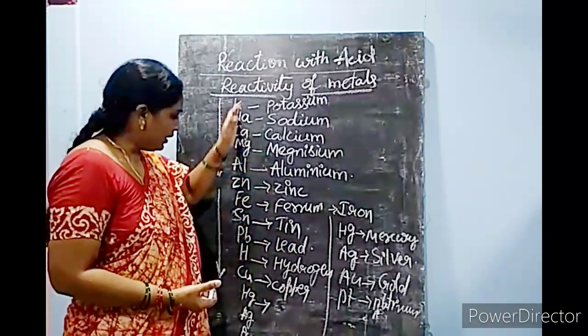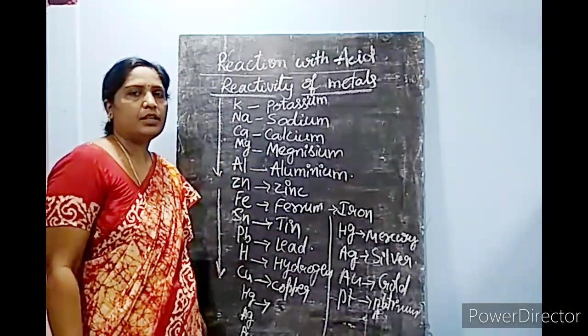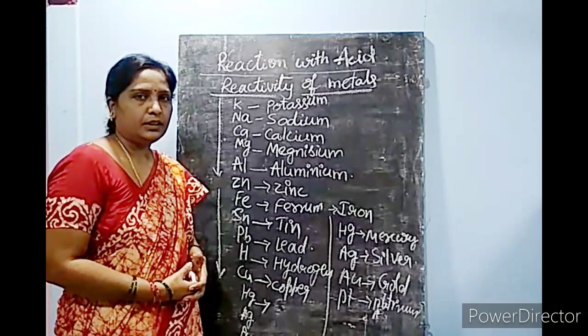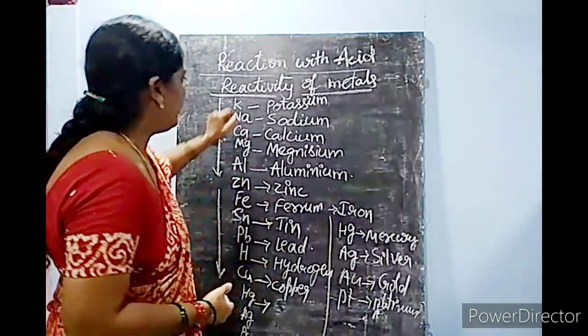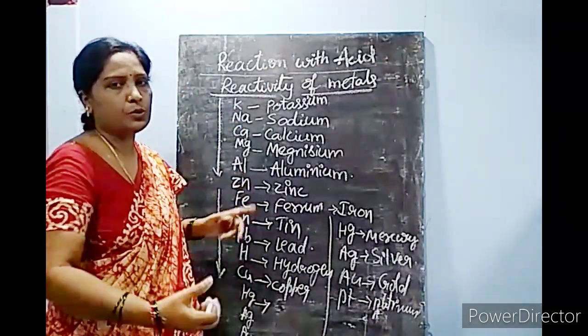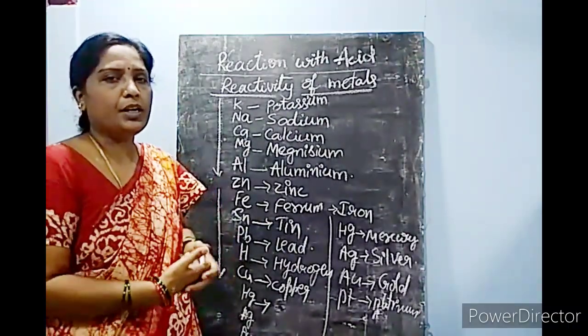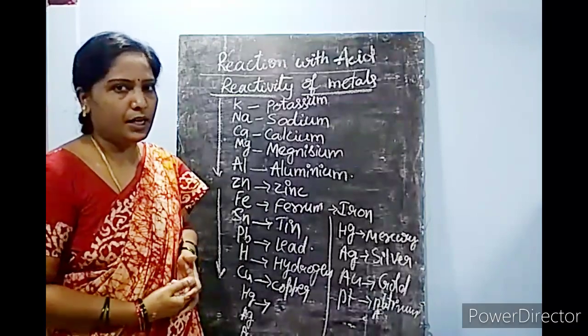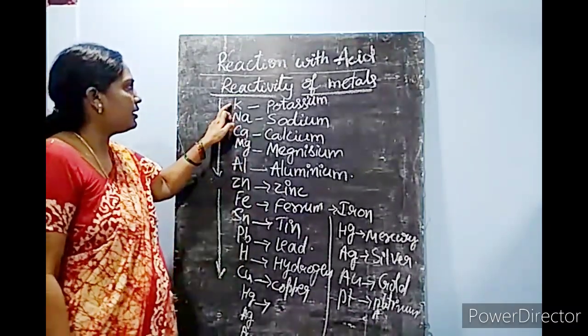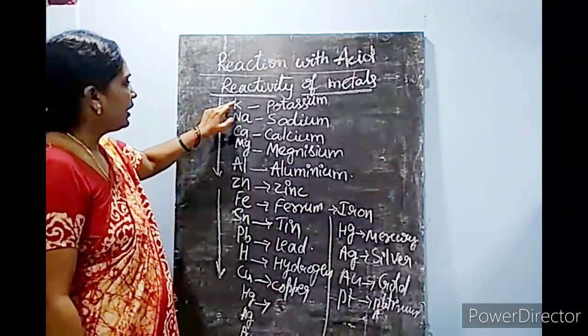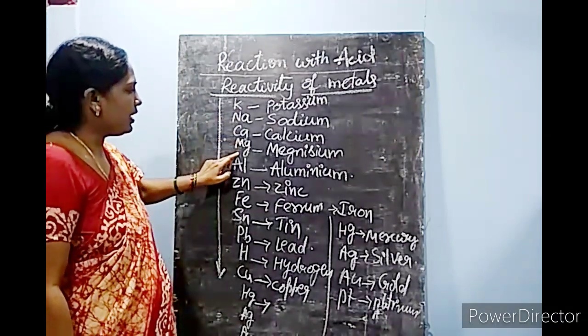Then how can you remember all this? To remember it, there are small abbreviations you can keep in mind so that you can remember all the metals, and understand which metal is more reactive than the other. For that you can say "Ka Na Ka Mange Alu".